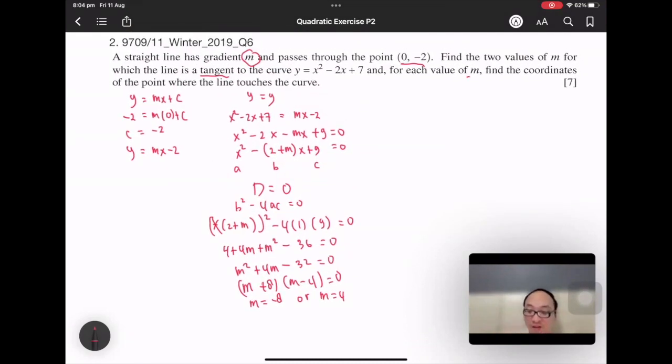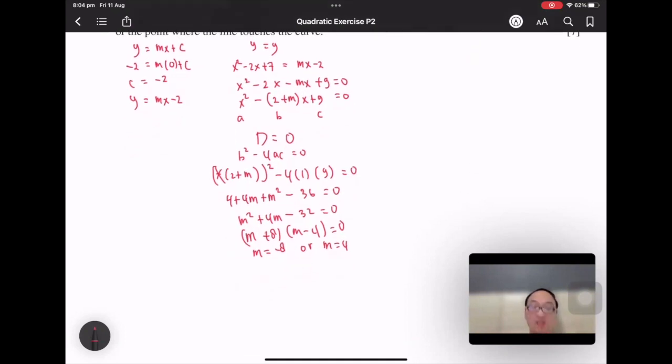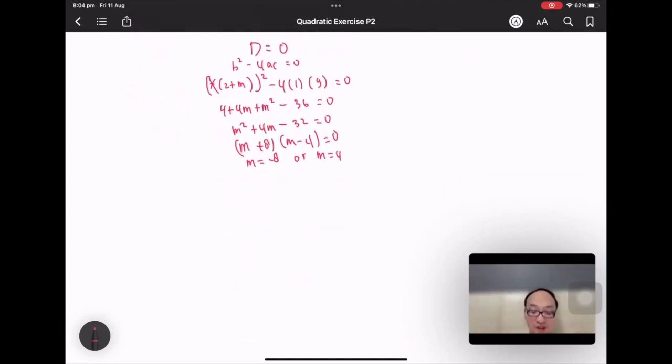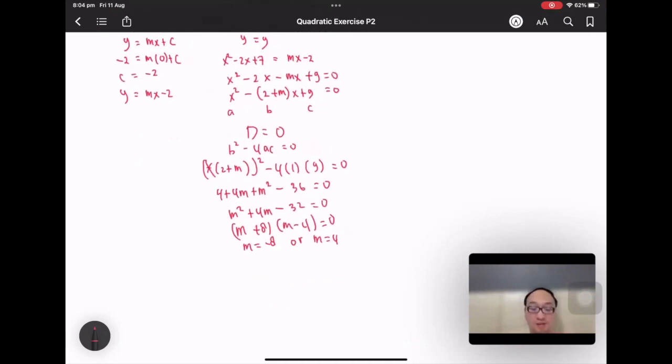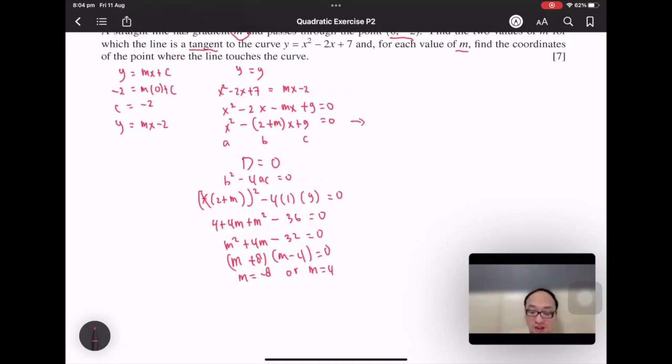We have two values of m, and then we find the coordinates of each point where the line touches the curve. We can just substitute into the combined equation. When m equals negative 8, we have x squared minus (2 minus 8)x plus 9 equals 0.